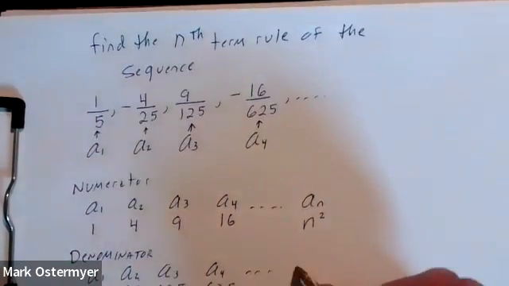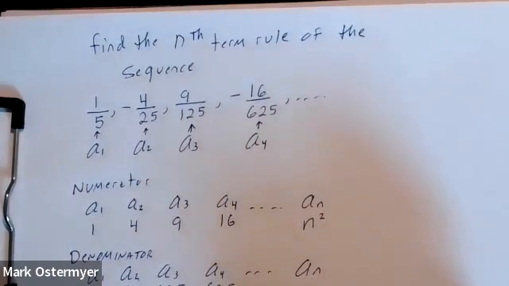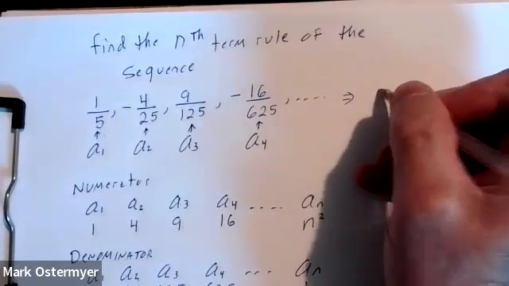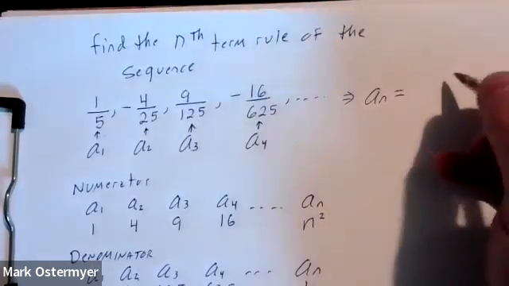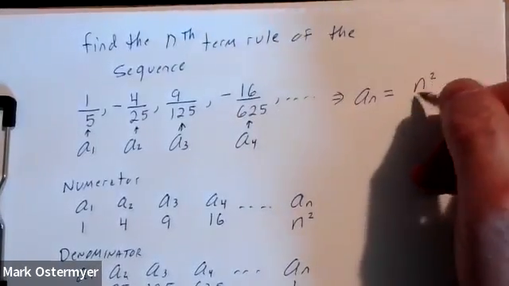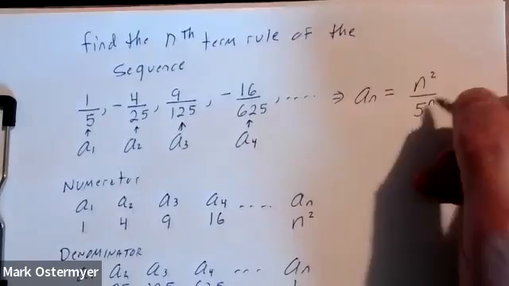So in general, the nth term of the denominator is going to be 5 to the nth power. So far, our nth term rule for this sequence has the numerator as n squared, and the denominator as 5 to the nth power.